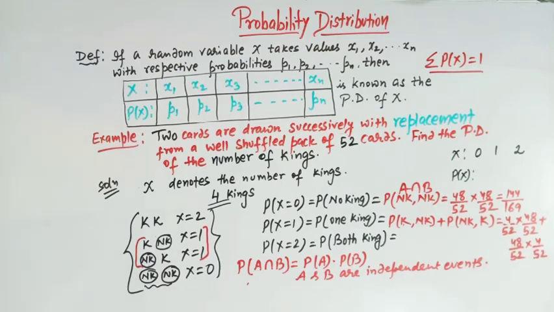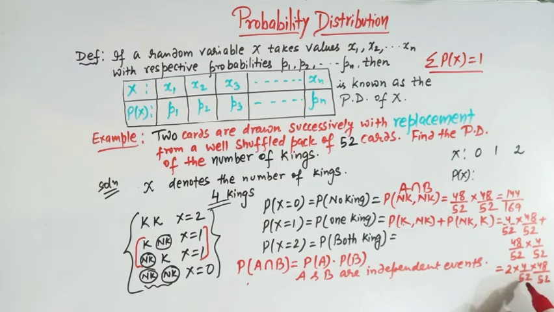Now these two numbers are same, so we can multiply it by 2, so we have 2 times 4 by 52 times 48 by 52.